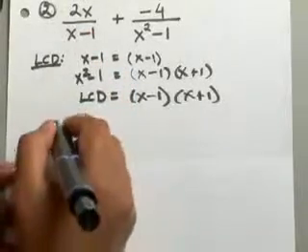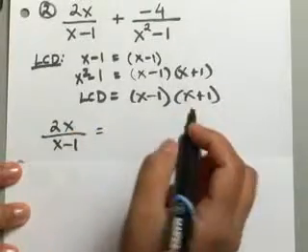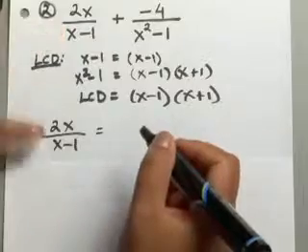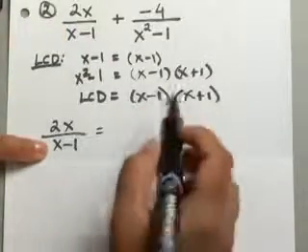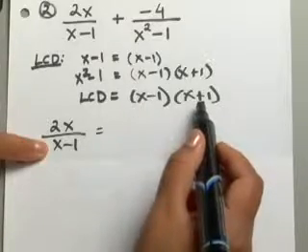So you will have to take 2x over x minus 1, and now you can see this denominator here has only x minus 1, whereas your least common denominator has x minus 1 and x plus 1.